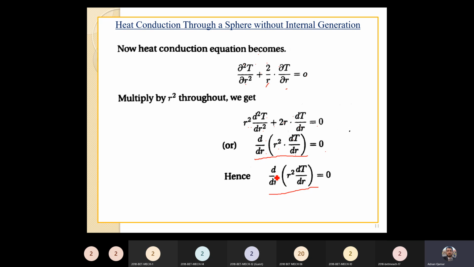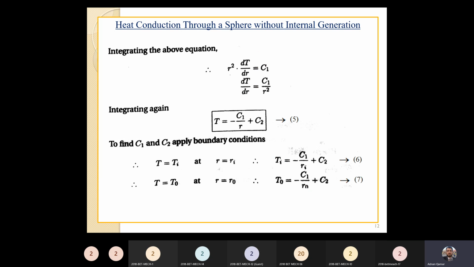Now you can see we have written this equation in double derivative form. So if we want to solve this equation by integration, we need to take a double integration of this equation, and to find the values of the constants, we need to know the boundary limits.